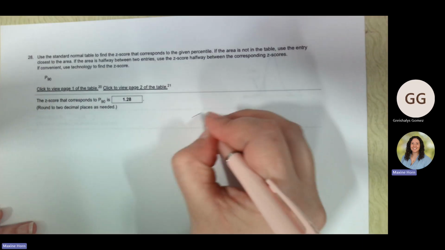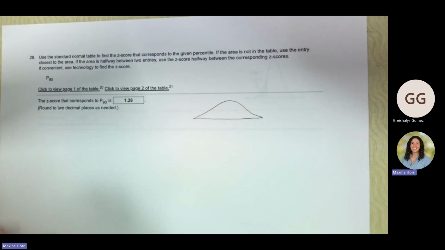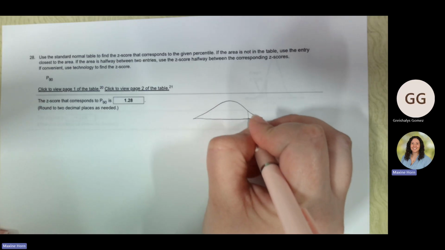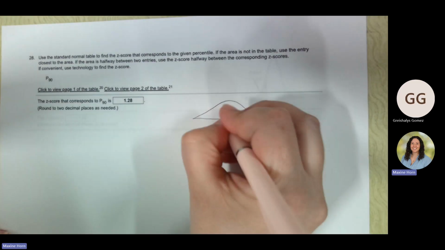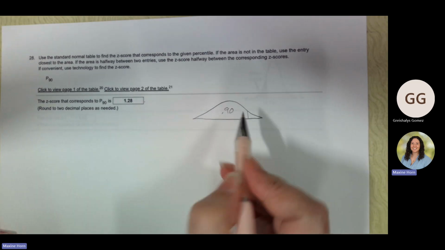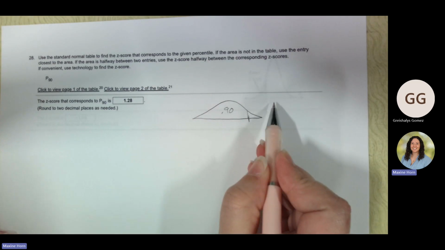So remember this notation, P90, it's the 90th percentile. You might have heard those terms, like if you have kids, or maybe when you were a kid, when they say, oh, your kid's in the 70th percentile, that means that they're doing better than 70% of the other students. This is P90. That means the area to the left of this particular score, it separates the bottom 90 from the top 10.